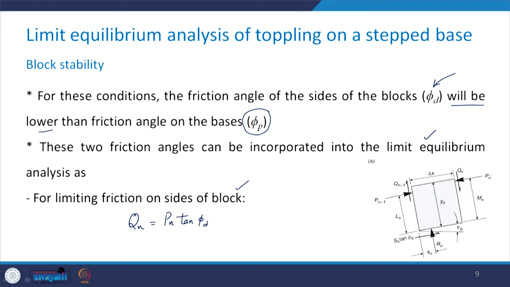Take a look here, this is your Pn and here the friction angle is phi d. So this Qn will be Pn tan of phi d. This equation will be 19, and similarly you can write Qn minus 1 as Pn minus 1 tan of phi d. This will be equation number 20.